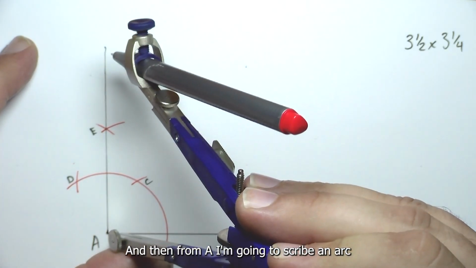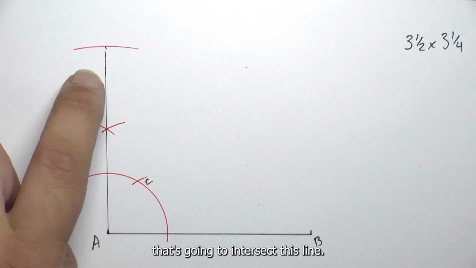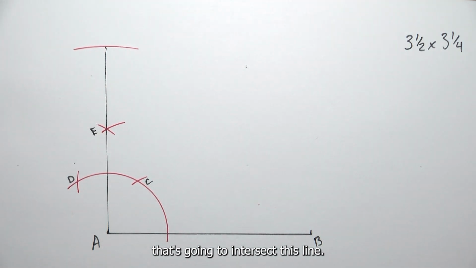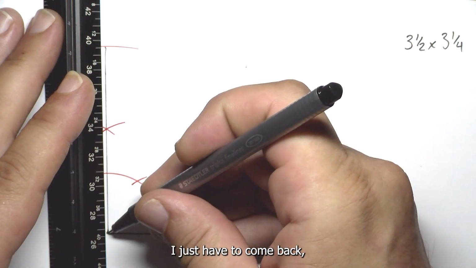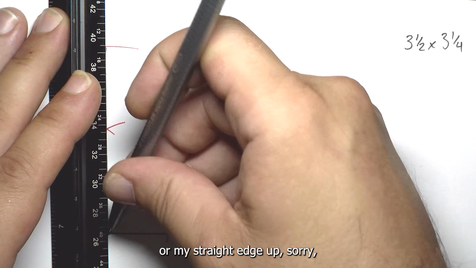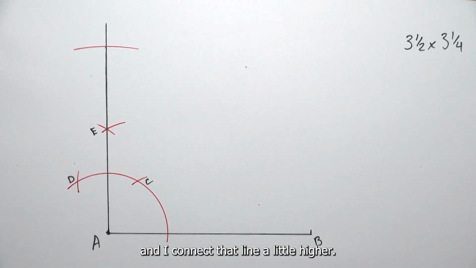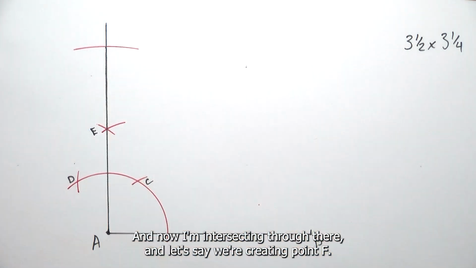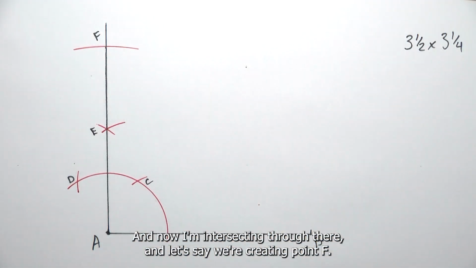And then from A, I'm going to scribe an arc that intersects this line. Now, I didn't quite draw the first line long enough, which is fine. I just have to set my straight edge up, and I connect that line a little higher. All right, now I'm intersecting through there, and let's say we're creating point F.